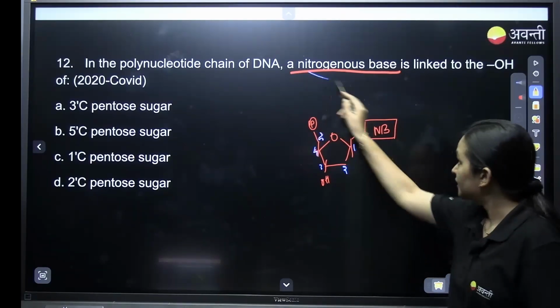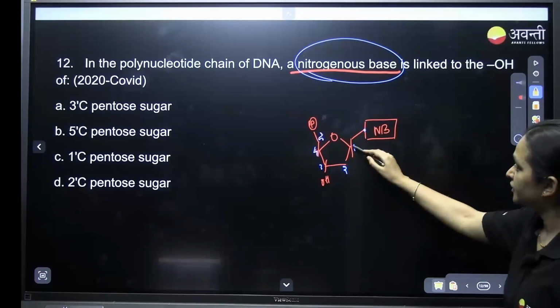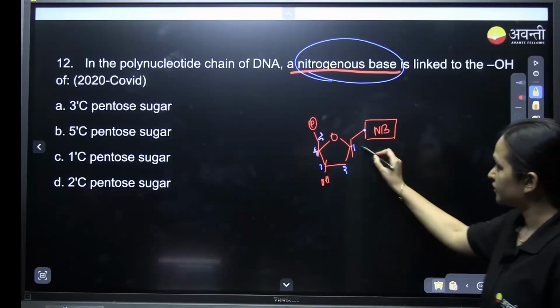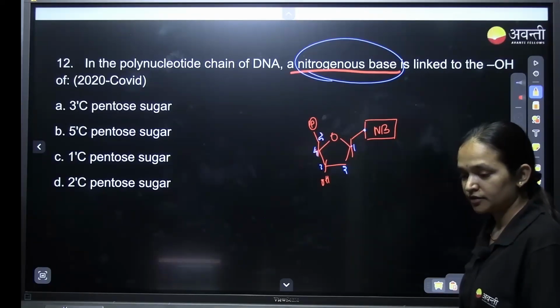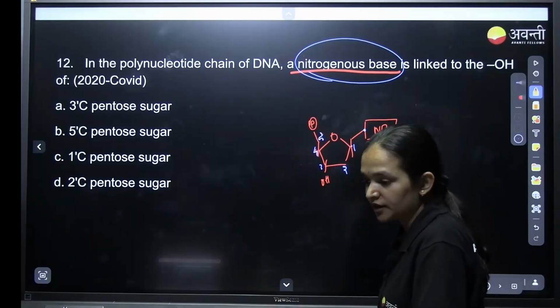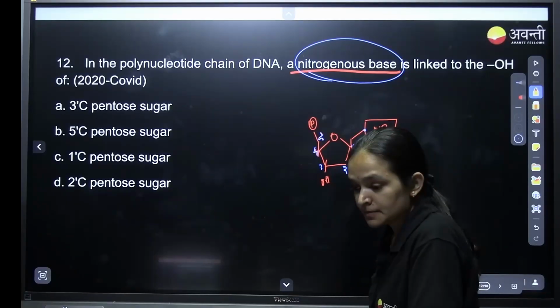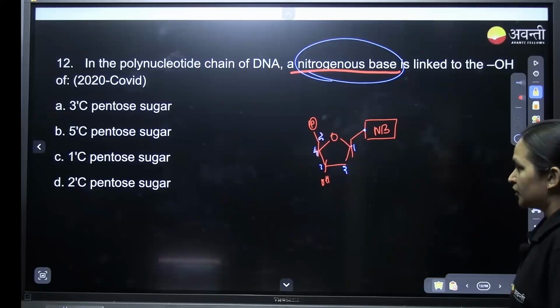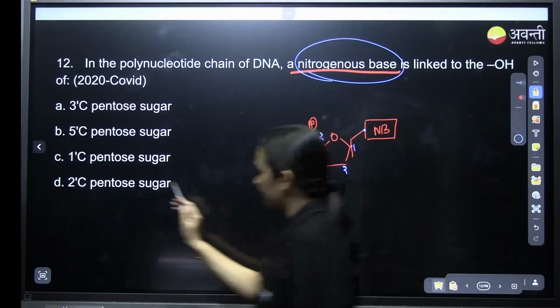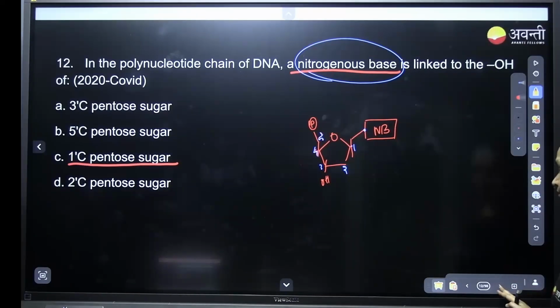Here they have asked about the nitrogen base linked to the OH of the first carbon. Not the 3rd carbon. Any doubts? So C is the correct answer. 1 prime carbon of the pentose sugar.